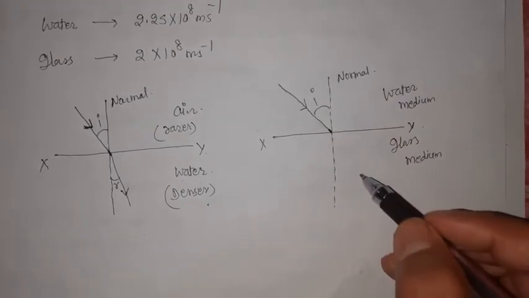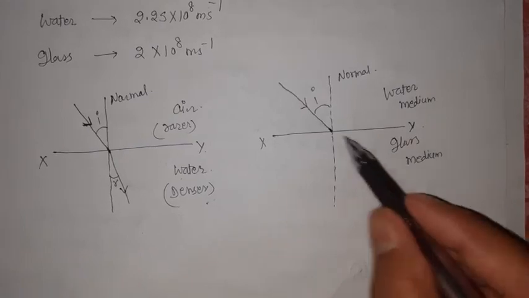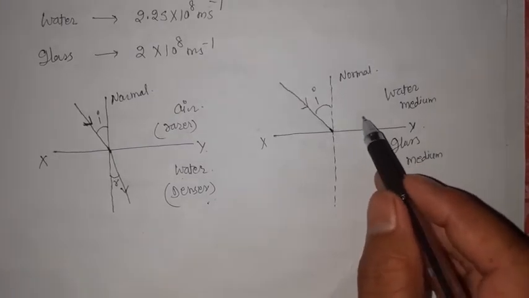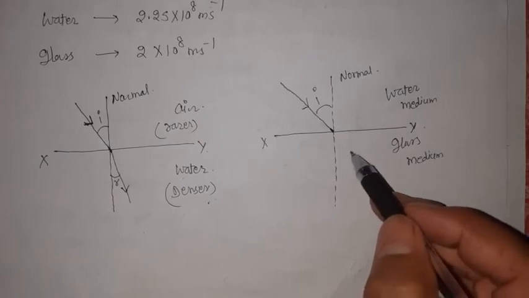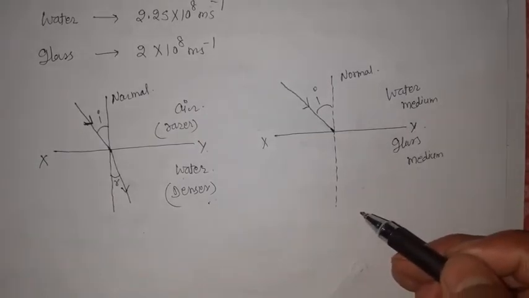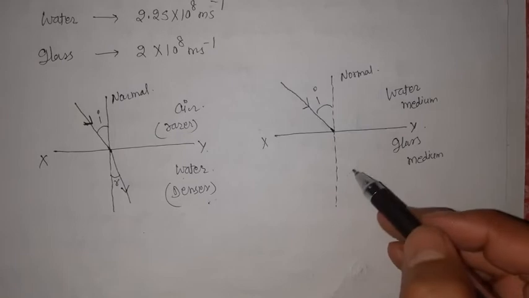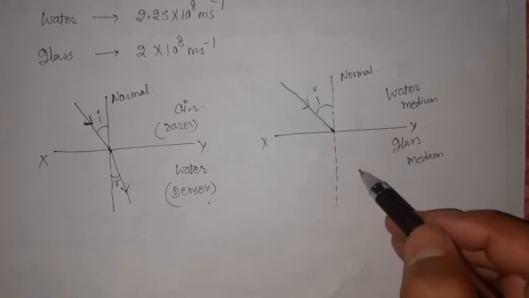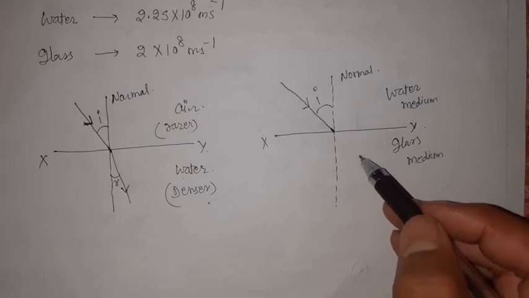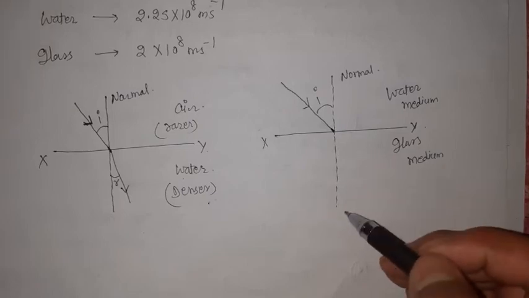Now tell me, this light is going from water to glass, so will it bend toward the normal or go away from the normal? For this, we should know whether the speed is increasing or decreasing.